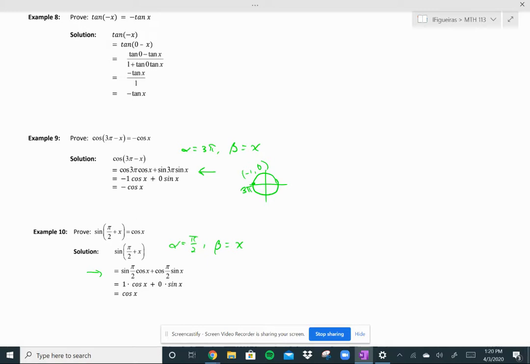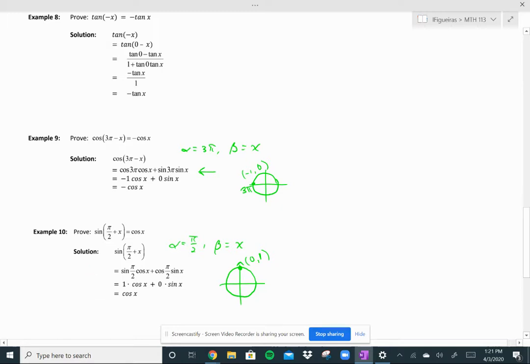And now we have to simplify because we can evaluate sine of pi over 2 and the cosine of pi over 2. And again, if I go back to my unit circle, you should really know all of the quadrantal angles on this unit circle. Pi over 2 is up here, and the coordinates here are 0, 1, which means that cosine of pi over 2 is 0 and sine of pi over 2 is 1.